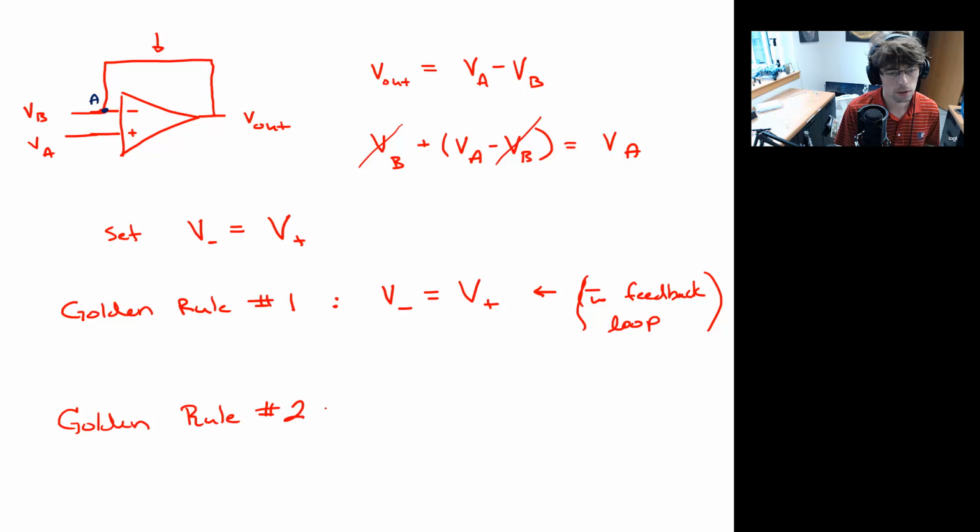Number 2. And this one I won't give any kind of proof for. Okay. But this will help us when we want to analyze things. Okay. No current into the inverting or the non-inverting terminals.